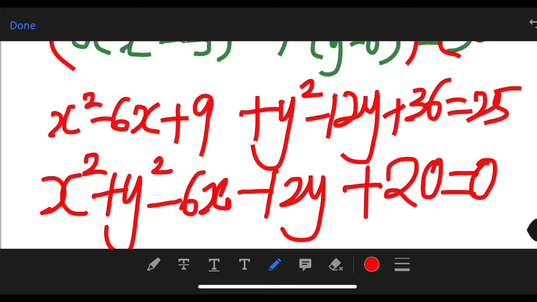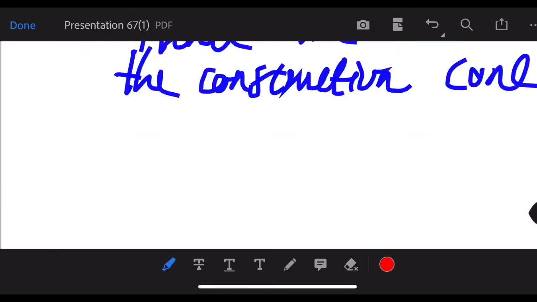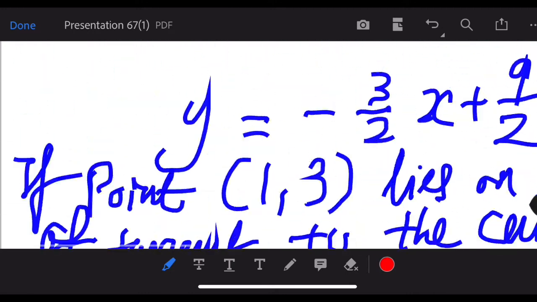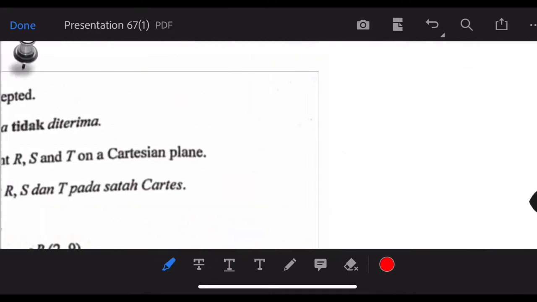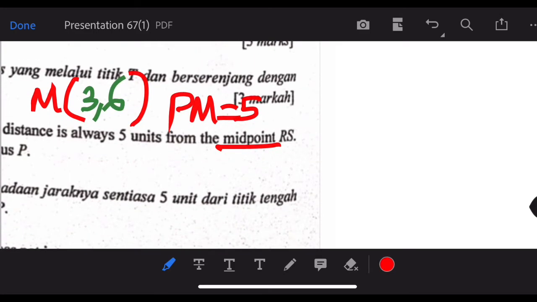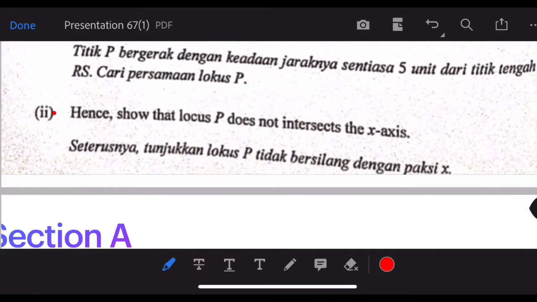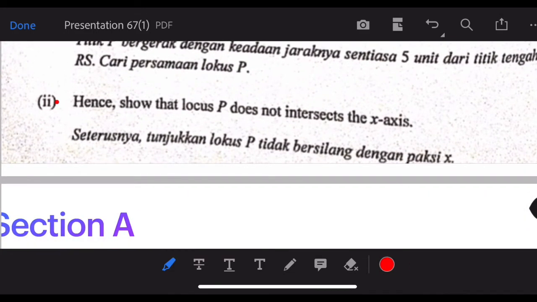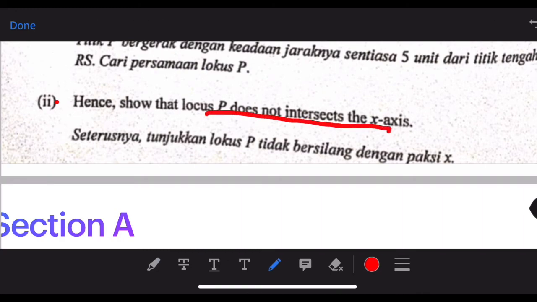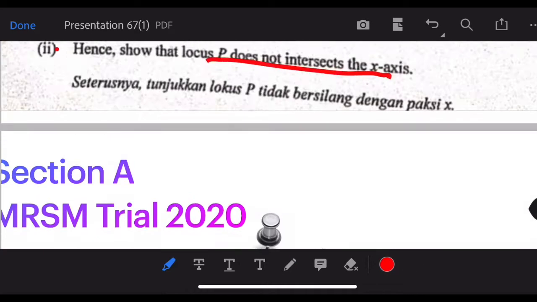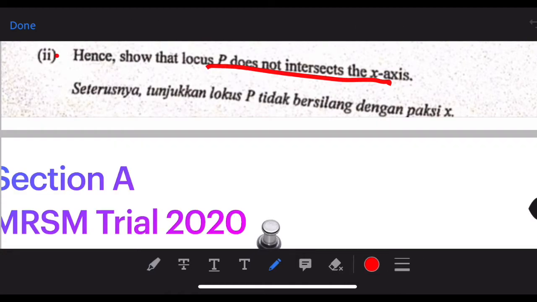So let's go through the question first before we apply the concept. So the next question is: show the locus does not intersect the x-axis. So we have three scenarios.